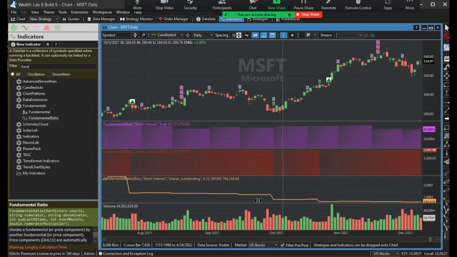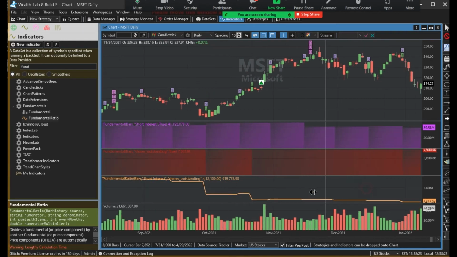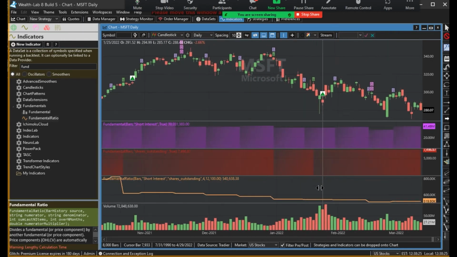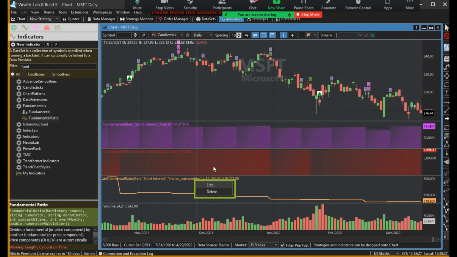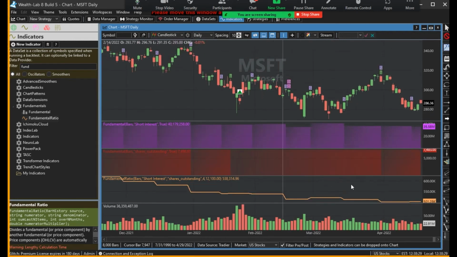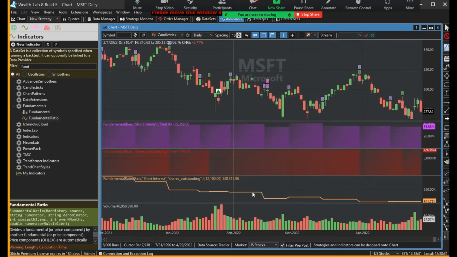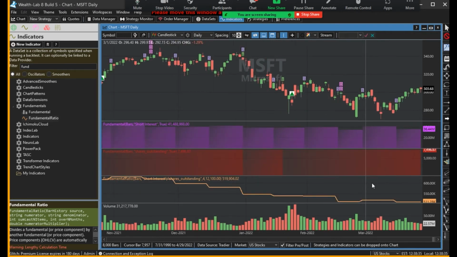So there you go. It's plotted there with one indicator. So we can now see, is the short interest declining for this stock? It looks like it is. So pretty interesting that we were able to do that with one indicator, I think.